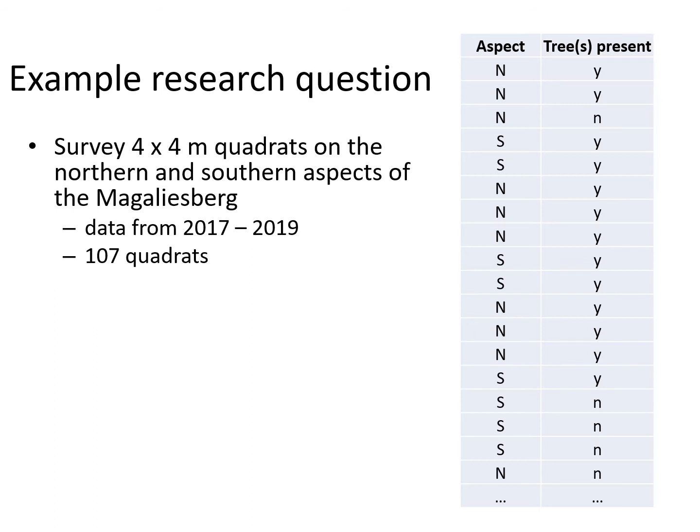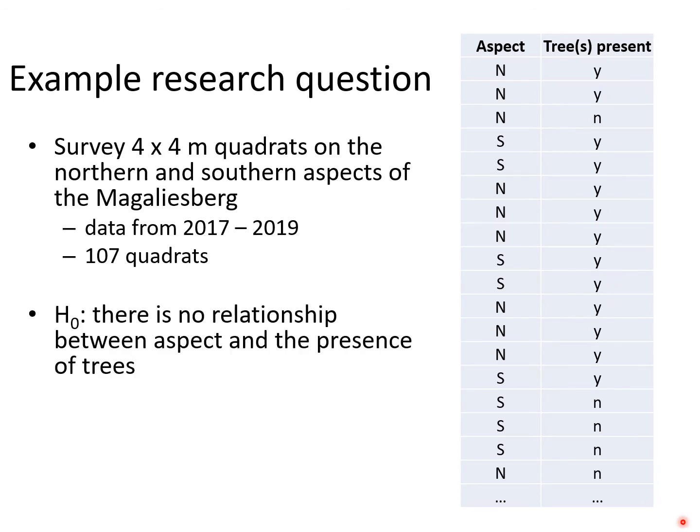You can see how the data looks here. Again, you can see that aspect clearly just has two categories, north and south, and trees present, either a yes or a no. So again, two categories. Our null hypothesis here would be that there's no relationship between aspect and the presence of trees. There are various other ways we could say that.